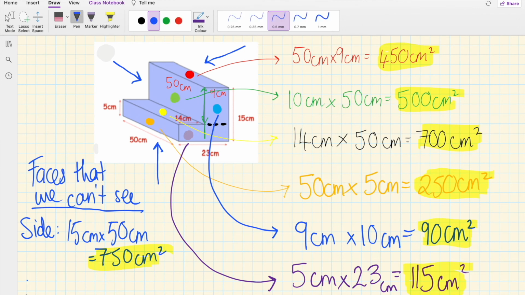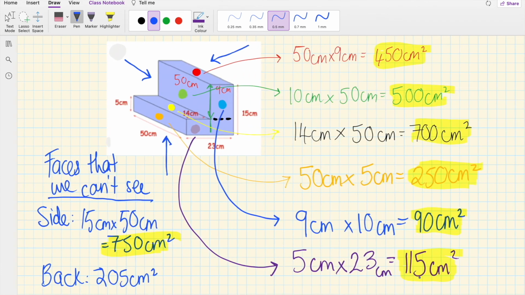I'm going to now talk about the back, which is this arrow here, which is actually the same as this one and this one added together. So I can add the blue, 90, to 115. And if you add those two together, that's going to give the area of the back here. So that's going to be 205 centimetres squared.